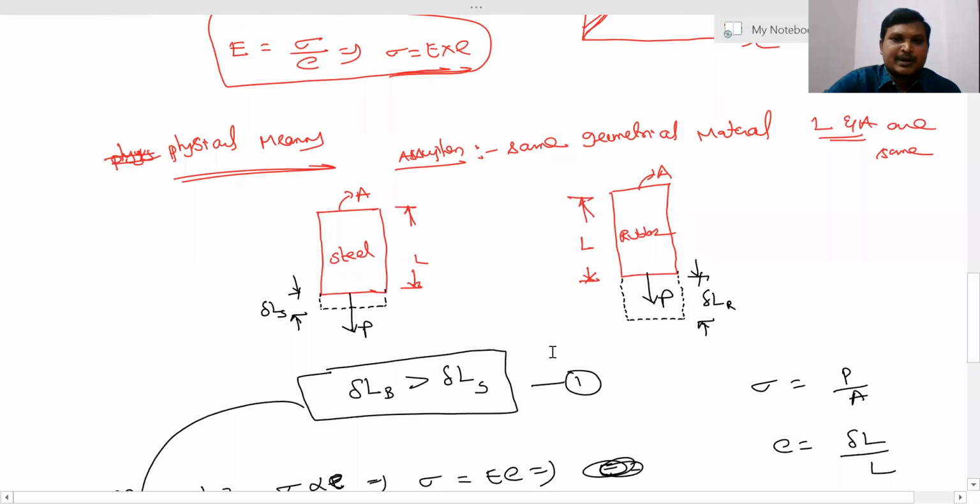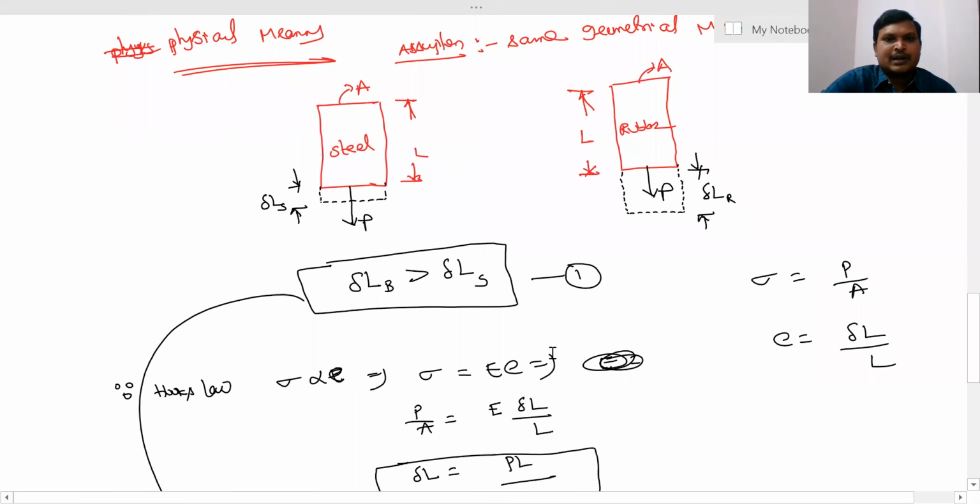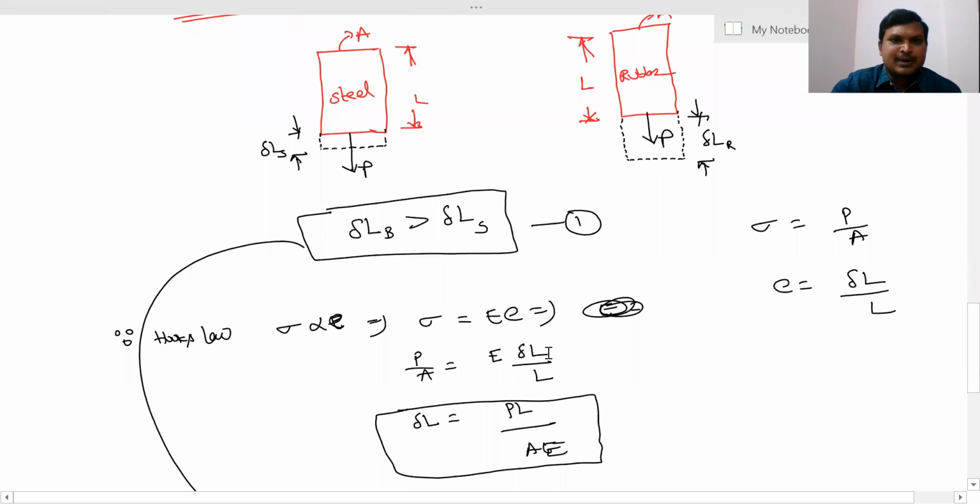I'm taking two different materials, steel and rubber, having the same geometrical properties like length and area, and applying the same load. So the steel will deform less. This is a general concept: steel is less deformed than rubber. So delta L, the change in length, of rubber is greater than steel.